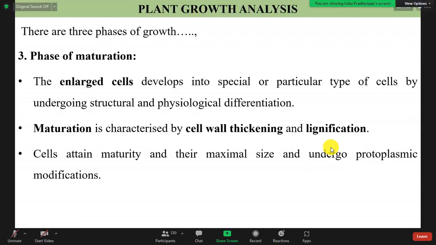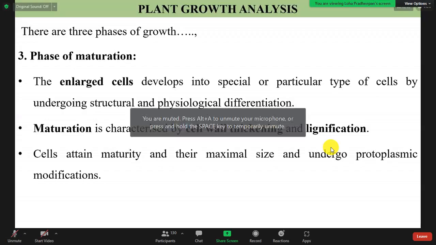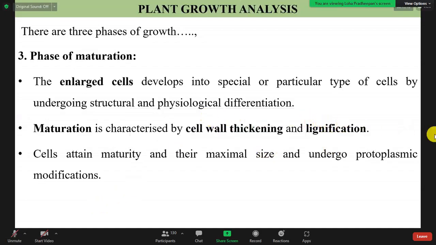Then the third phase of growth is the maturation phase. Here, the enlarged cells develop into special or particular types of cells that undergo structural and physiological differentiation. The maturation phase of growth can be characterized by cell wall thickening and lignification.